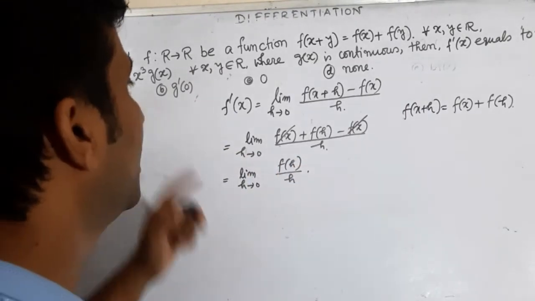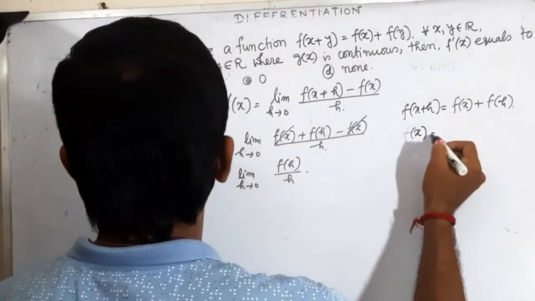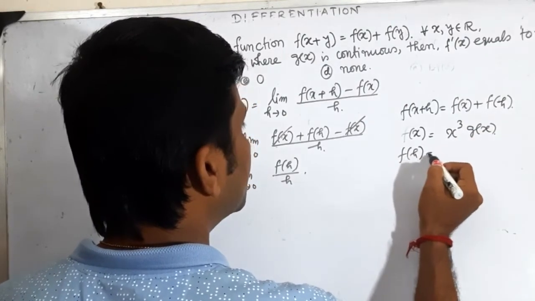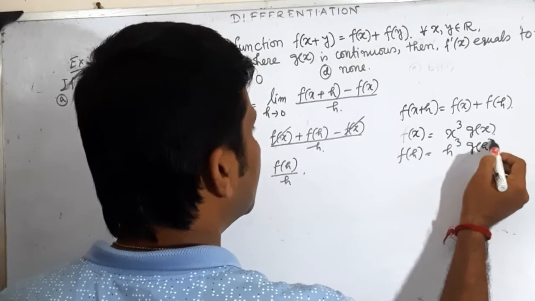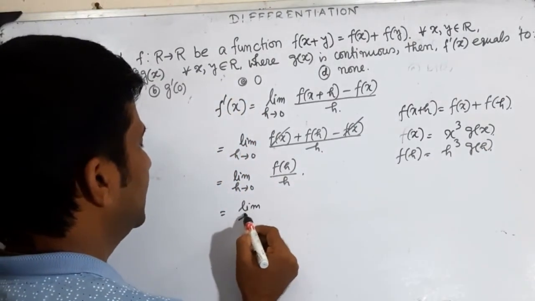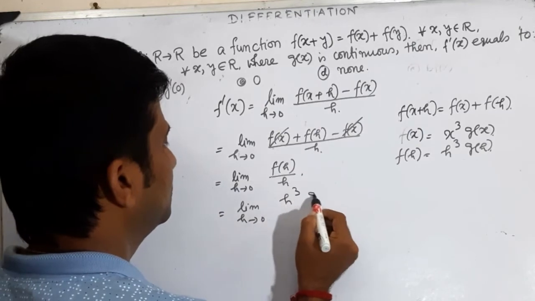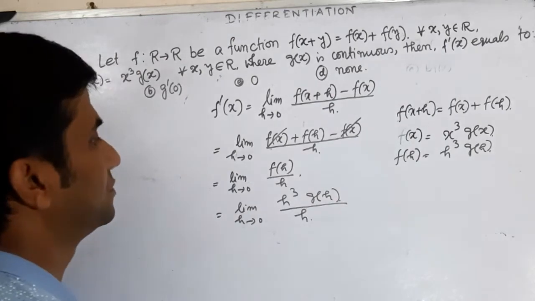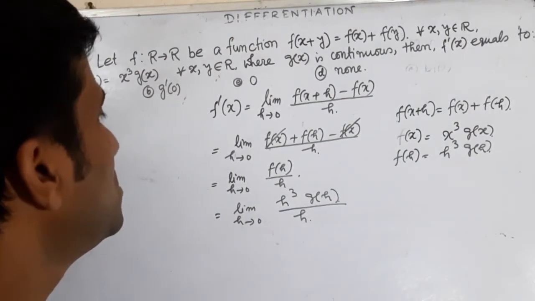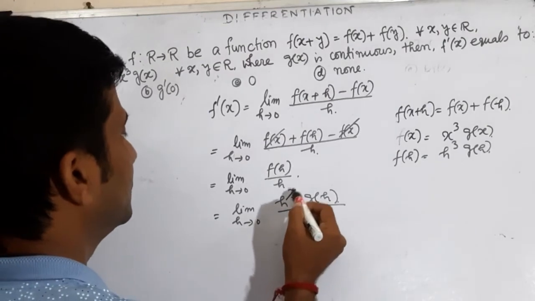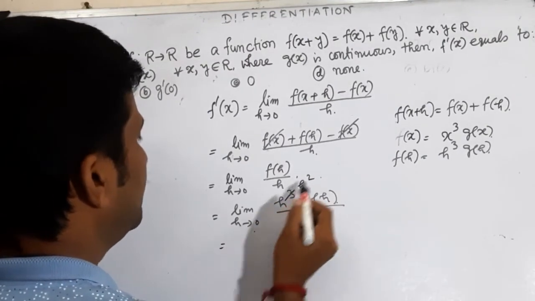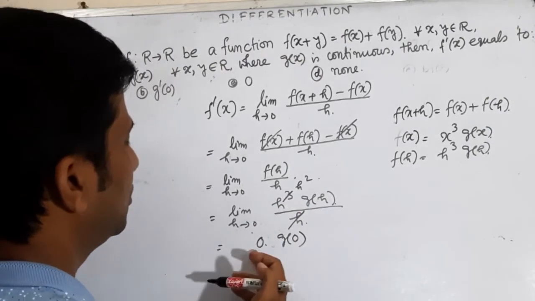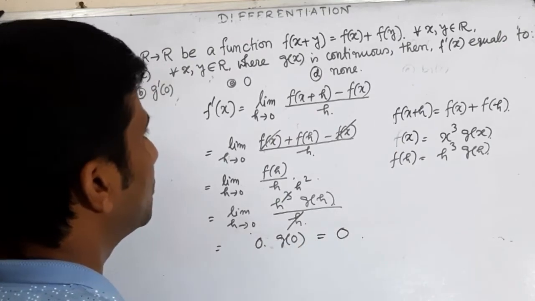Now f(x) is given, f(x) is x³·g(x), so f(h) means h³·g(h). Limit h tends to 0 of h³·g(h)/h. This is h², limit h tends to 0, 0 into g(0). 0 into something means 0.